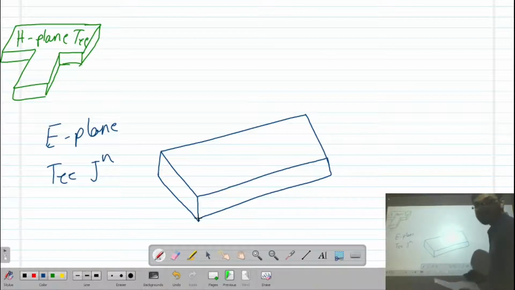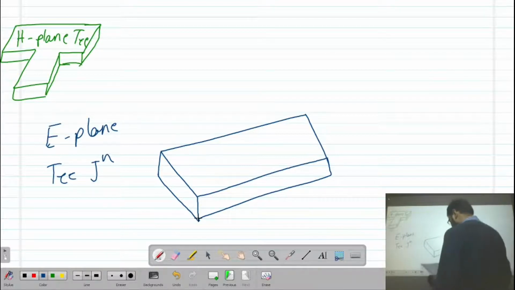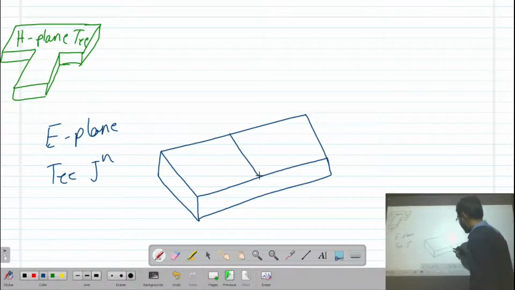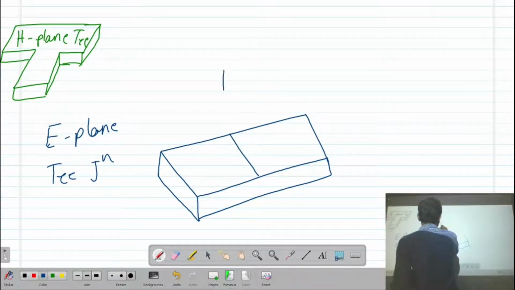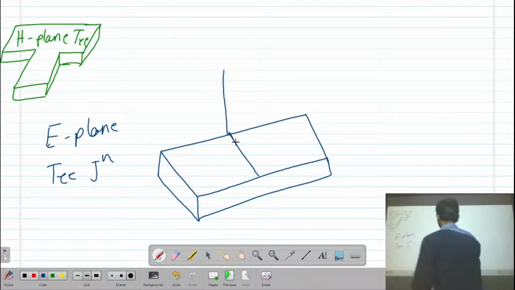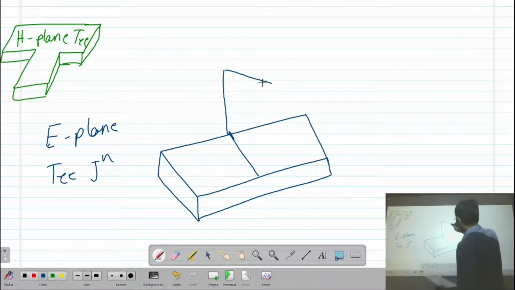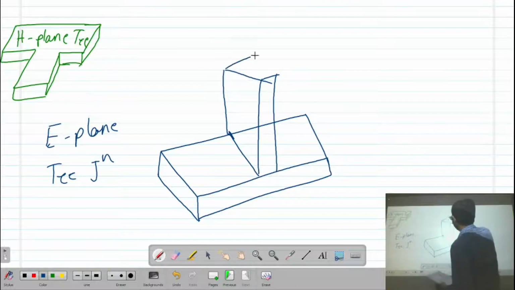This is the basic port, and over here you will be having another port connected to it like this, right? Another port connected to it like this. This is the another port connected to it.